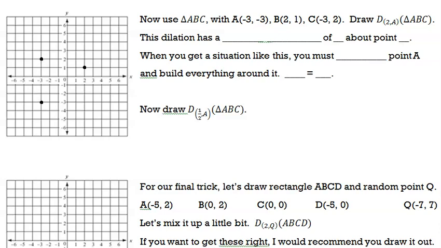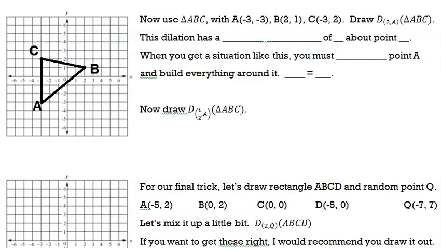Okay, now I like this example a lot. It's going to look different because it is a different type of dilation, and I'm going to show you why here in just a second. All right, so we have our new A, our new B, and our new C.